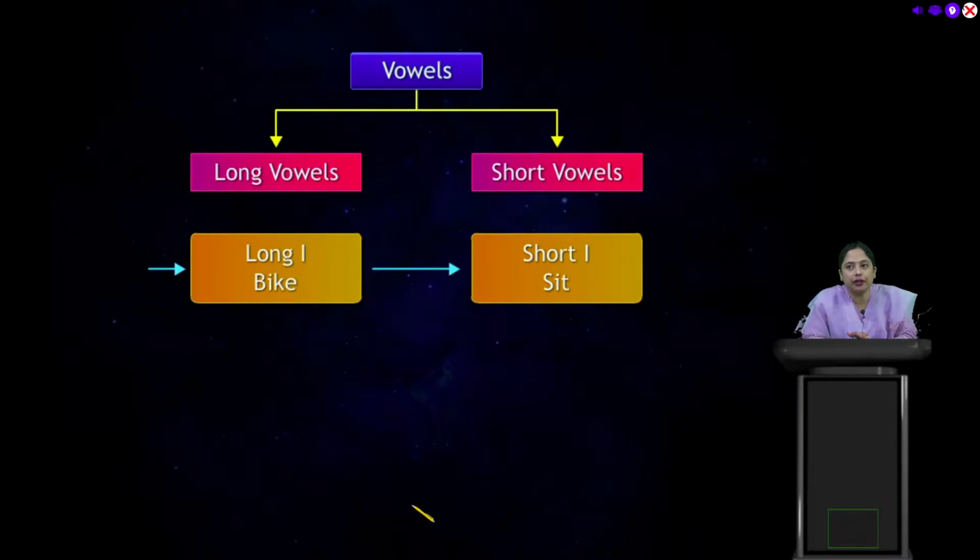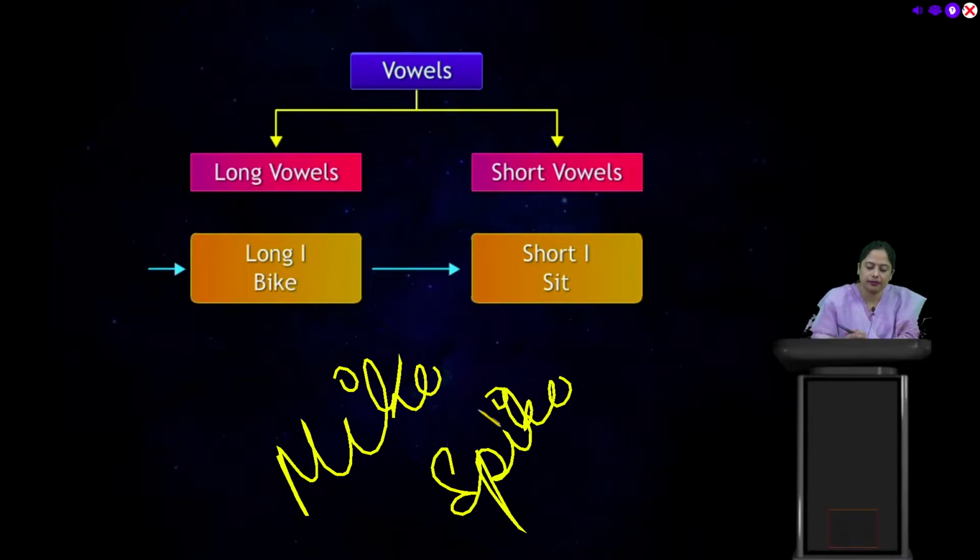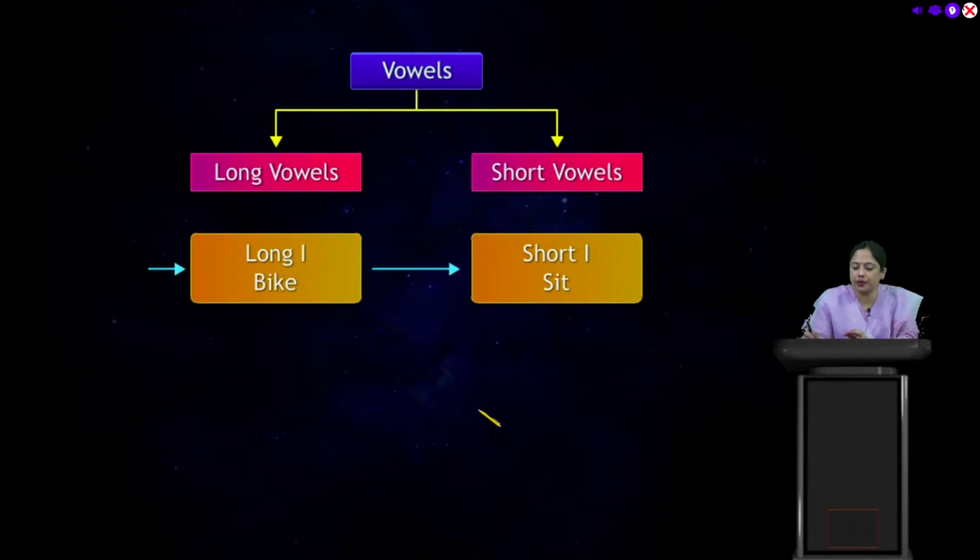The long vowel produces the long I sound, as in bike, as in mic, as in spike. And the short vowel produces the short I sound, which is sit, pit, pig, bill.